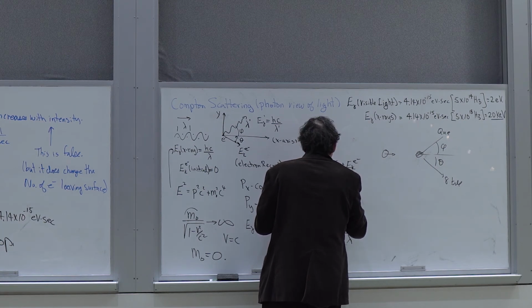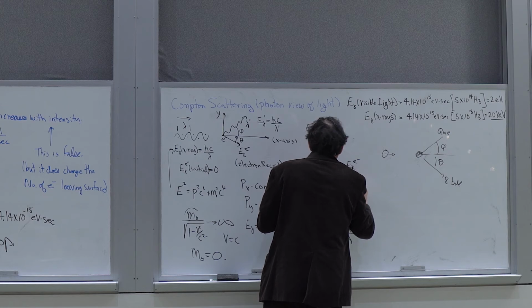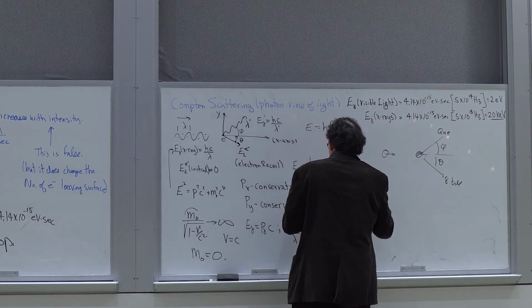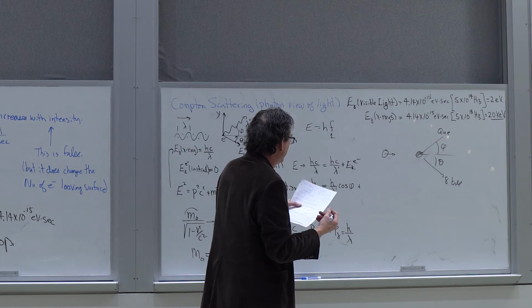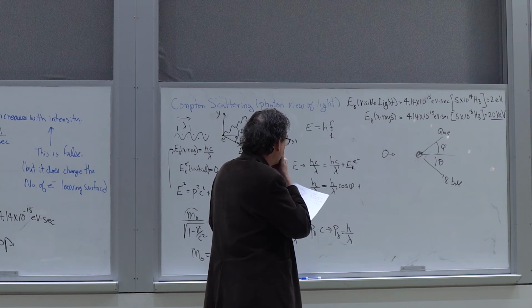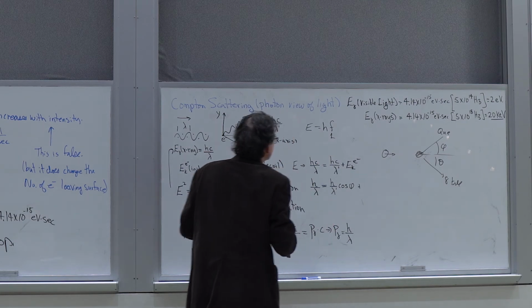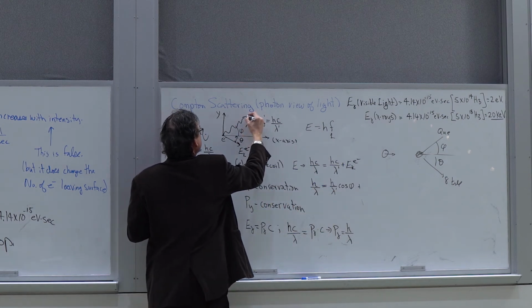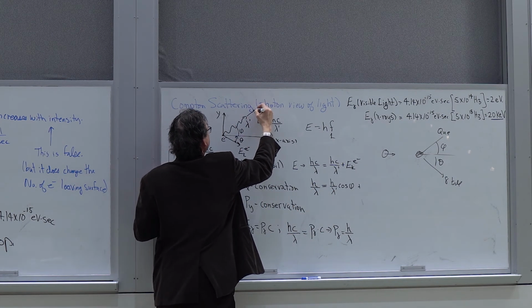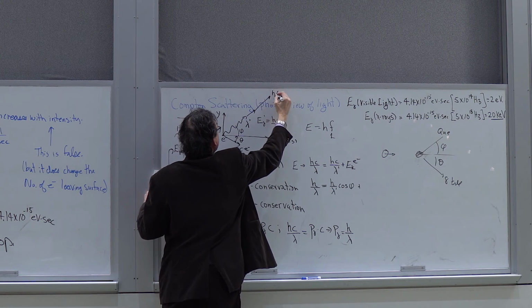the x component of the scattered photon momentum, which is h over lambda prime times cosine of phi, plus the x component of momentum of the scattered electron. So notice right here that this momentum is h over lambda prime.